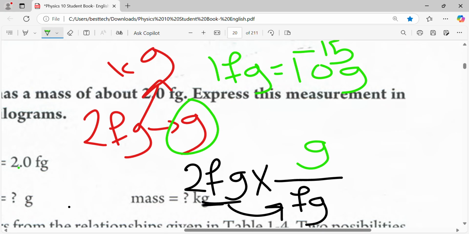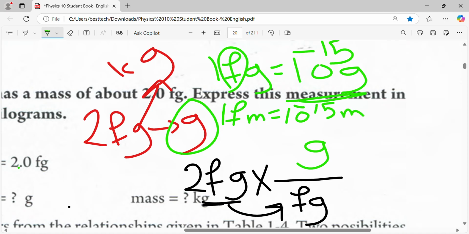Some of the questions use femtometer or femtogram, so guys, the prefix is important. If the prefix is femto, it is equal to the power 10 negative 15. What if it's meter, femtometer? Still negative 15. Look, 1 femtometer equals 10 power negative 15 meter. So the prefix is important, baba. If we have femto, it equals the power negative 15.